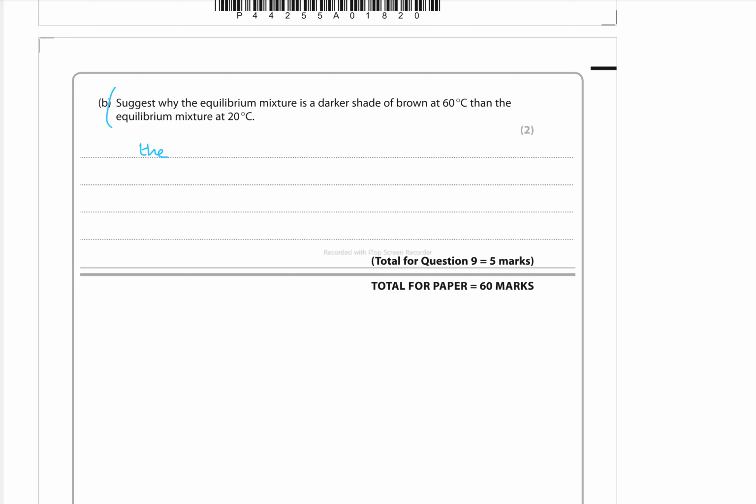So we can say the proportion of nitrogen dioxide is greater, so that's why it's darker. Why?